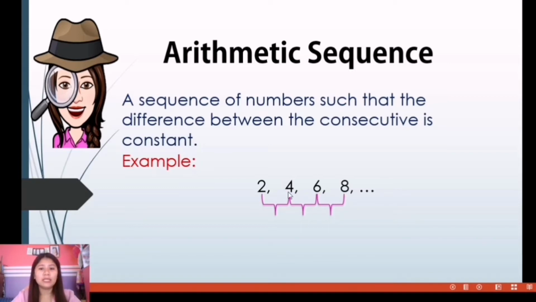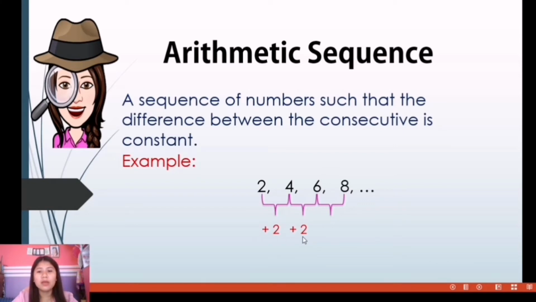Okay, so let us get their difference. First, 4 minus 2, that is equal to 2. Or, just to prove if your answer is correct, you're just going to add the first term to the constant or your common difference. So 2 plus 2 is equal to 4. So this is our second term. Same process, 6 minus 4 or 4 plus 2, this is equal to 6.